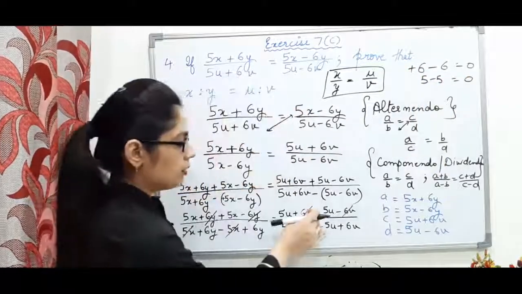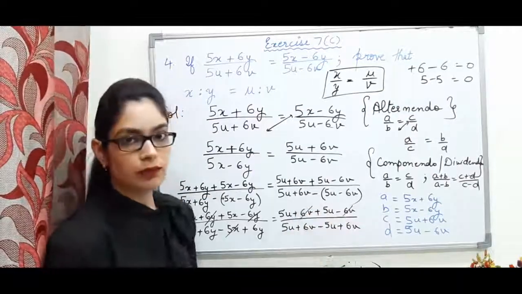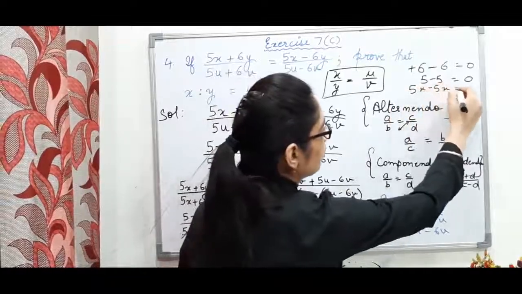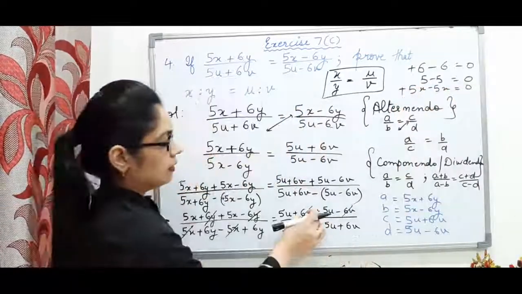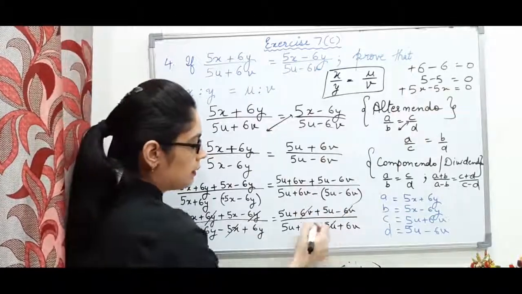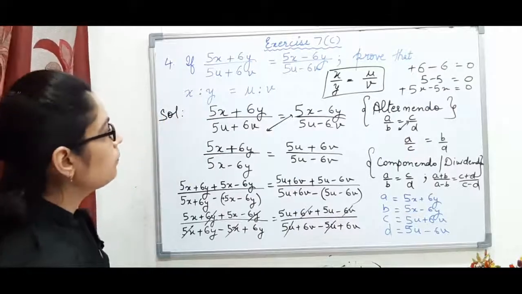So same way, if any variable is written along with the number, the thing will remain the same. 5x minus 5x will also be 0. So that is why 6v minus 6v will also be 0. So you can cancel minus 5u plus 5u. So this will also get cancelled.